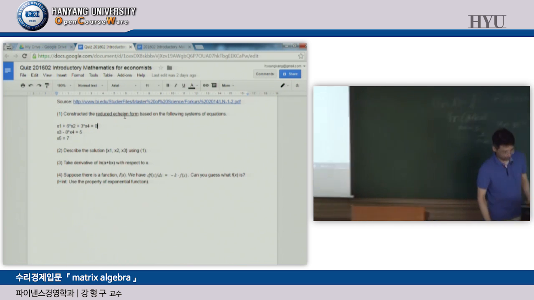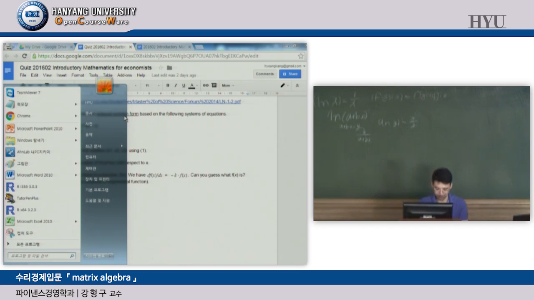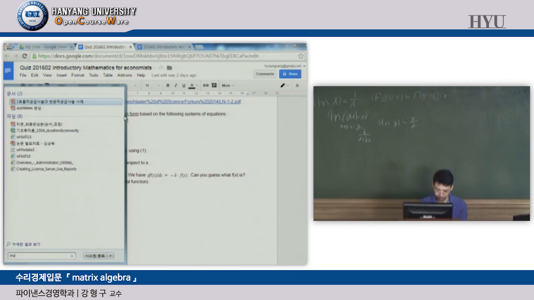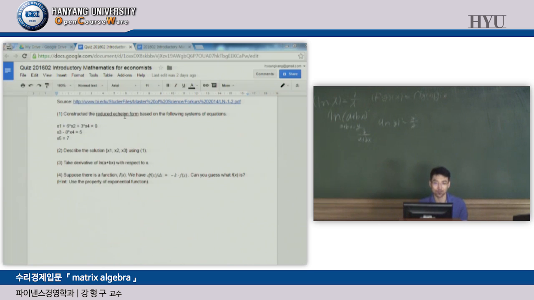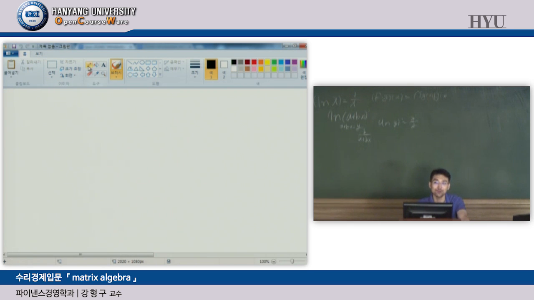Again, f of x is like log of g of x, where g of x is, of course, a plus bx.